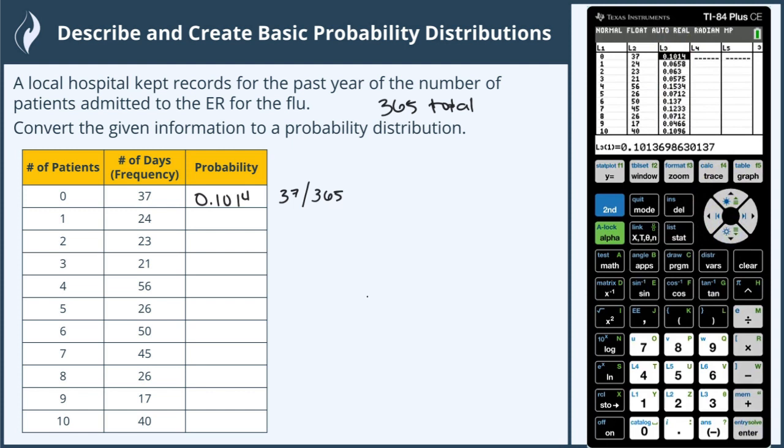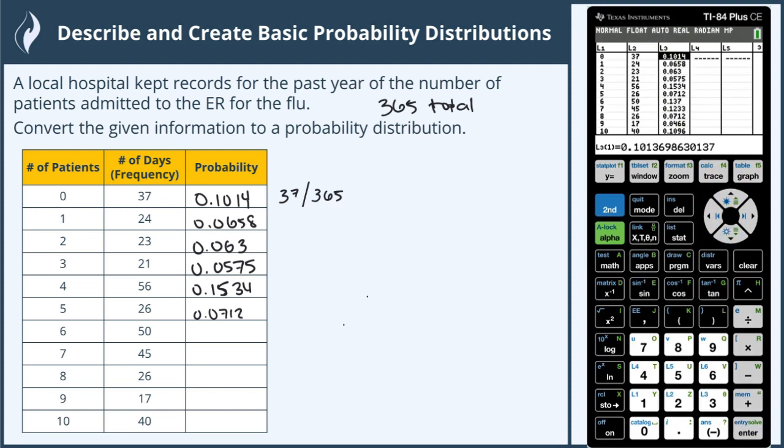0.1014. Does it tell me how to round? I always check. If not, we'll go to 4 decimal places. The next one is 0.0658, 0.063, 0.0575, and then 0.1534. And then the probability of 5 is, I can't see it, 0.0712.